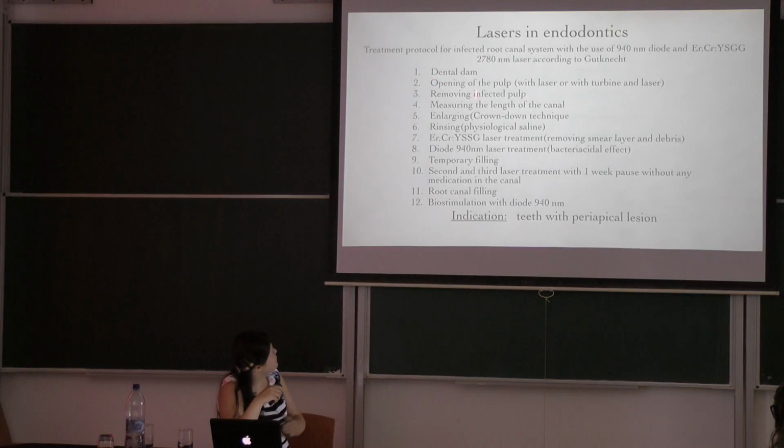So what we do, it's also not too important, but the most important is that first we remove the smear layer with erbium chromium, and then the diode, the bactericidal effect, that's the most important. And all the teeth which have a periapical lesion and granulation tissue around, we use both of the lasers according to Prof. Gutknecht.